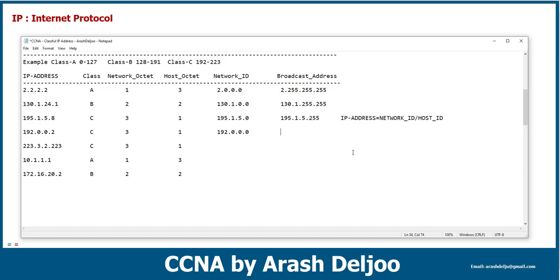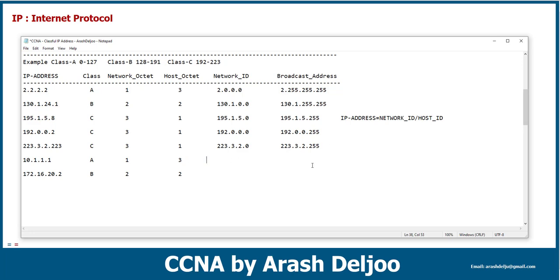And here we have 192.0.0.255 as the broadcast address. The next example again is coming from class C. 223.3.2.0 is the network address or network ID, and after that 223.3.2.255 is the broadcast address.